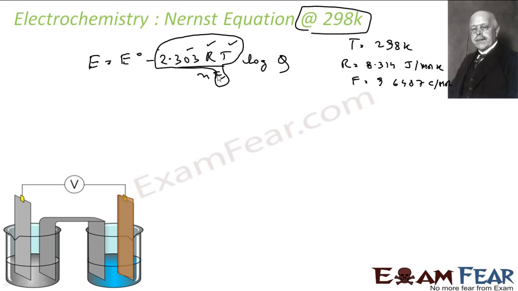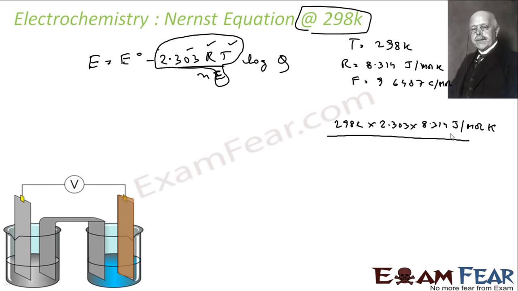So let's find the value of this whole thing. This is my variable actually. Let's find the value of this. This becomes 2.303 times 8.314. Please note the units: joule per mole Kelvin, into temperature 298 Kelvin, by F, which is 96487 coulomb per mole.